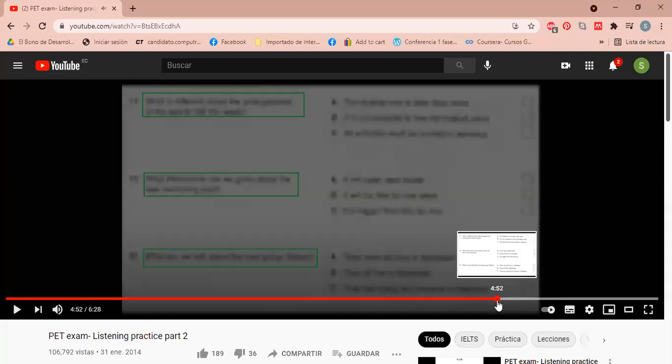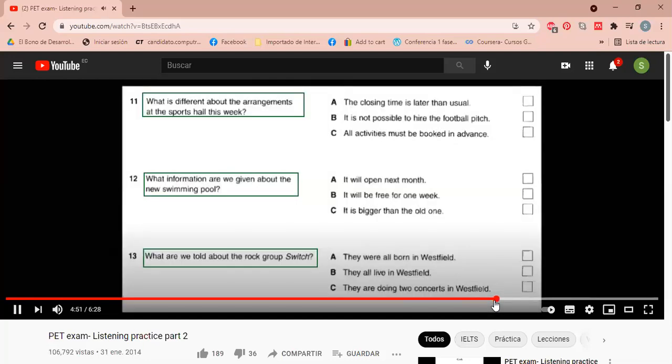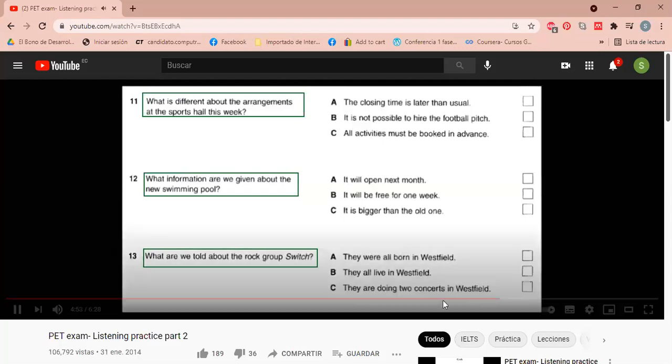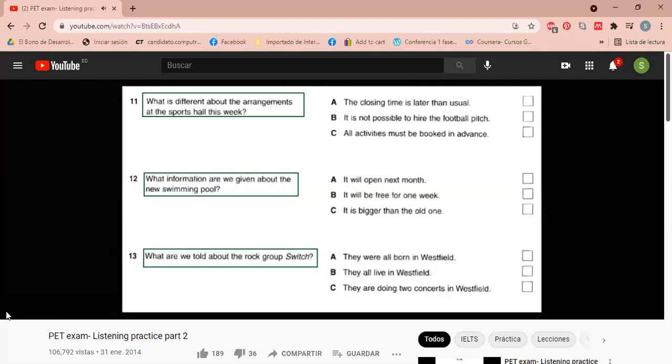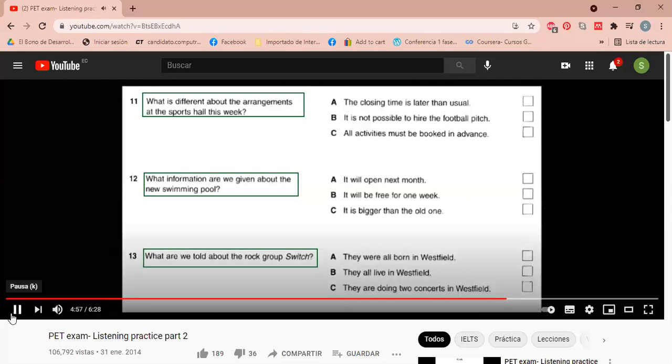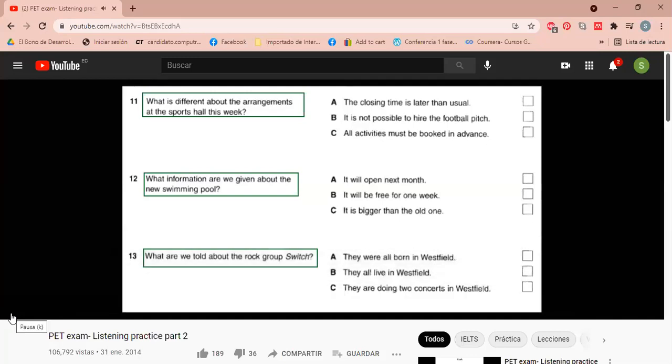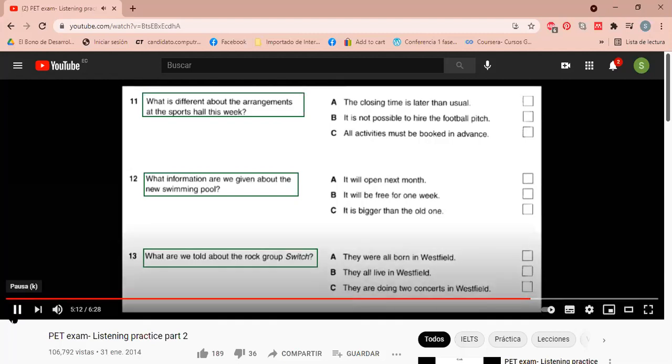It's possible to use the sports hall this week. It will open an hour earlier than usual at 8 a.m. and shut later at 10:30 p.m. instead of 9. If you want to do one of the more popular activities, you should ring and book as usual. The indoor football pitch is always popular and has to be booked in advance.